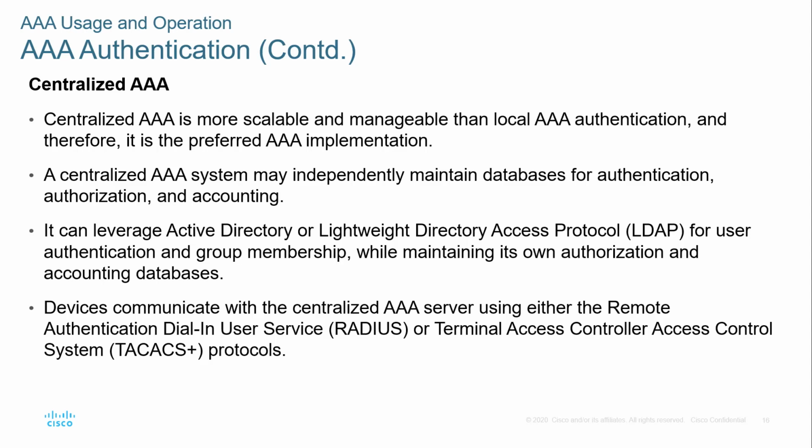RADIUS allows us to authenticate against a directory service or other AAA services. TACACS does the same thing, but TACACS is Cisco proprietary. RADIUS is not proprietary to just Cisco. RADIUS is an open standard, so almost all hardware manufacturers support RADIUS.